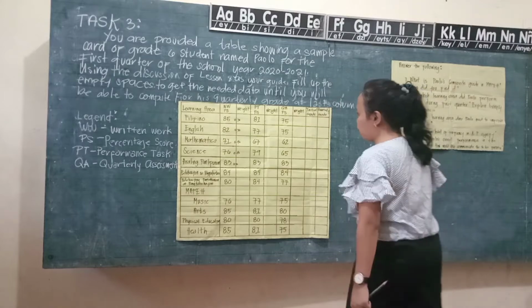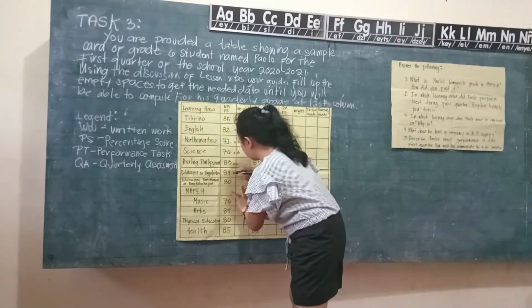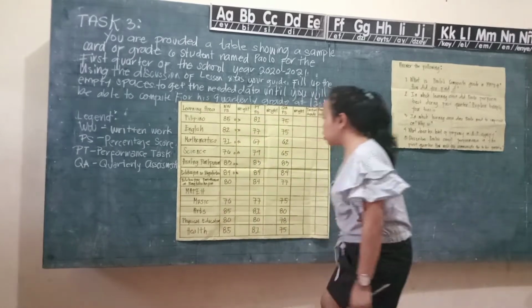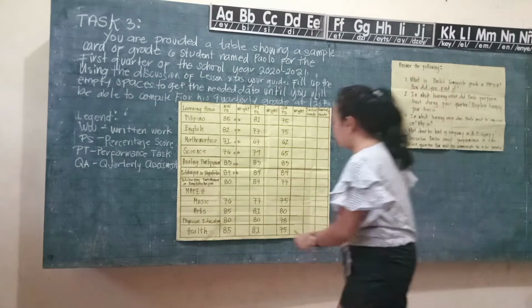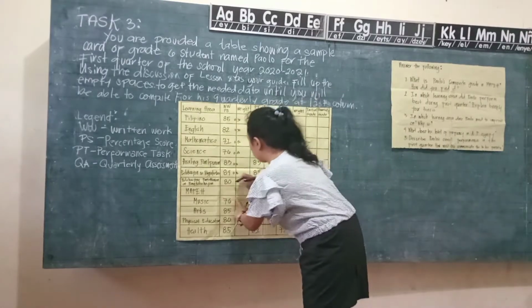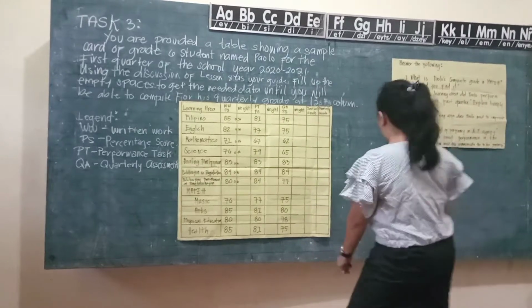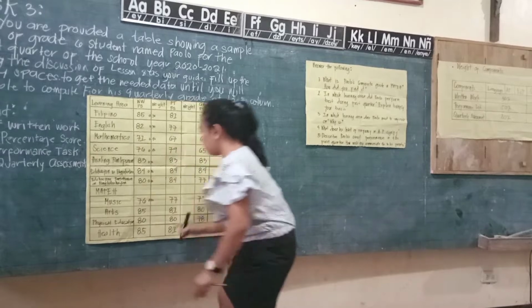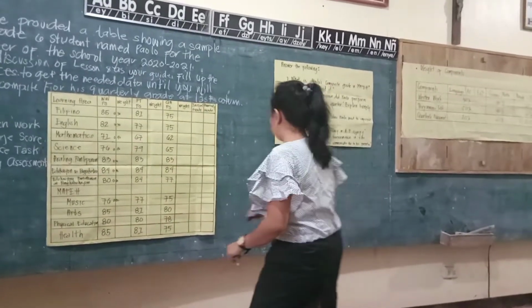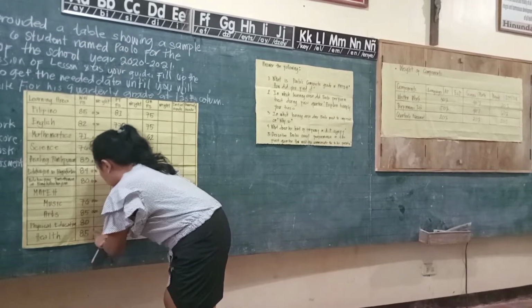Edukasyon sa Pagpapakatao, 30% or 0.30. Edukasyon Pantahanan at Pangkabuhayan is 20% or 0.20. Music is 20% or 0.20. Arts, 20% or 0.20.